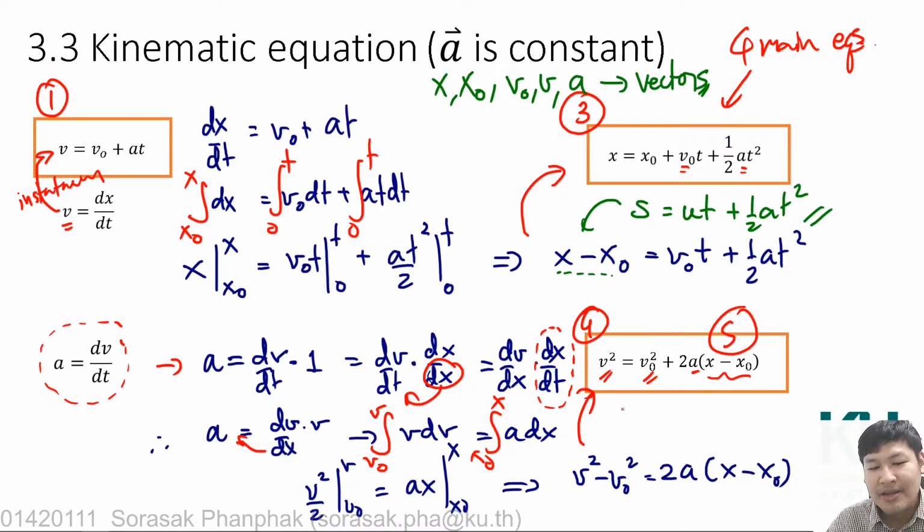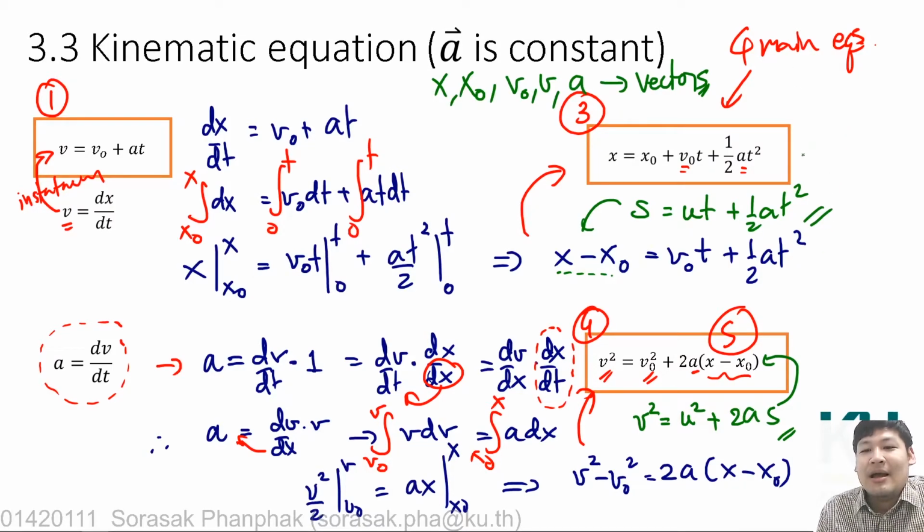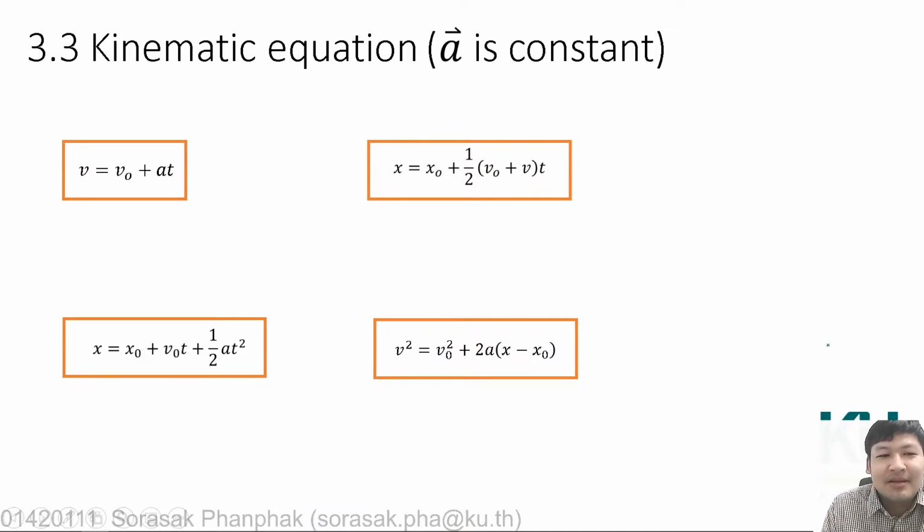You may also get used to this form, like v squared equal to u squared plus 2as, where s is your x minus x0. So these are the four main equations that you will use to explain the kinematics, or the motion, of objects. So I will sum up the four main equations here.